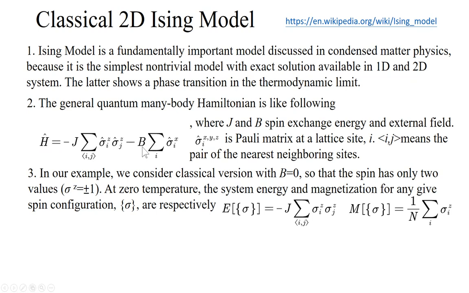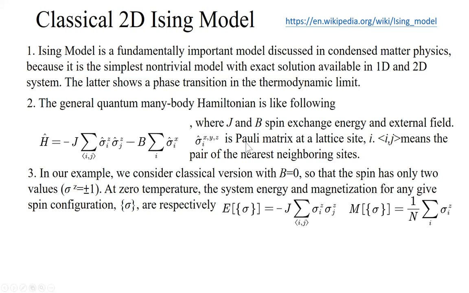And there is in general a transverse magnetic field, which is polarized in the X direction. Here sigma X, Y, Z are Pauli matrices at a certain lattice site, and the pair ij means nearest neighbor sites.